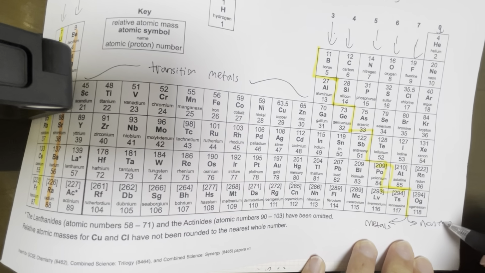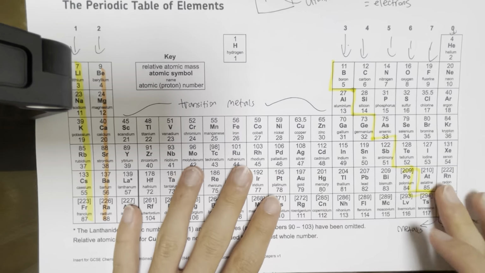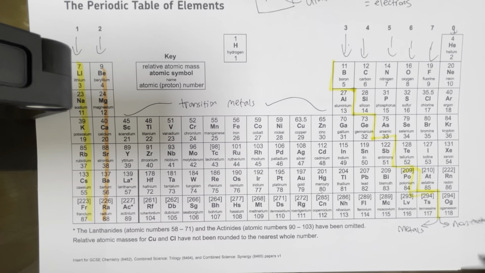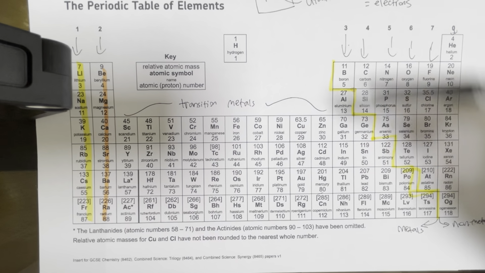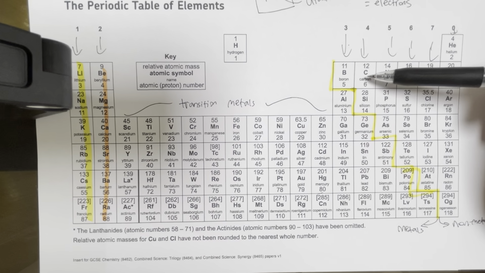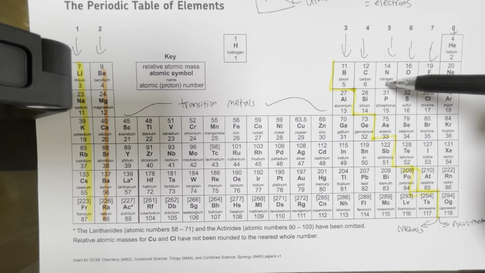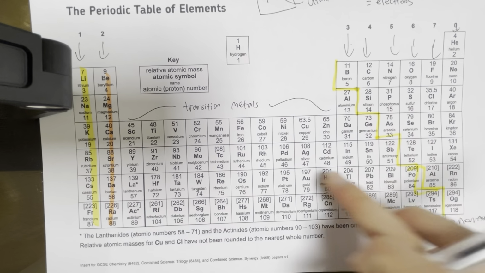I'm running out of space. So these are all non-metals. It's pretty obvious, right? Because carbon is a non-metal. Nitrogen's a non-metal. Oxygen's obviously not a metal. Helium's obviously a non-metal. Hydrogen's also not a metal. But everything on the left side is a metal.